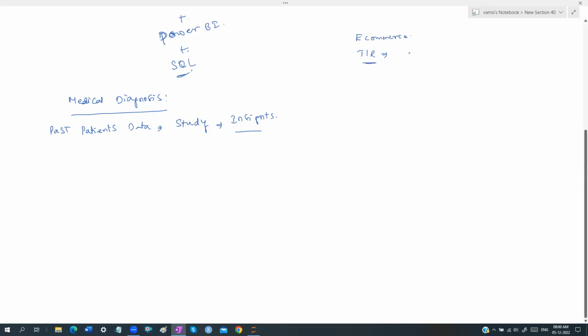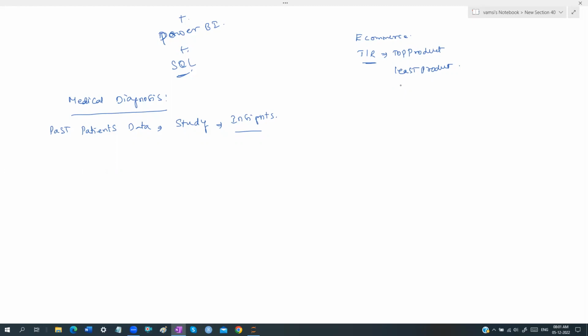Previously, the business used to do analysis on the transactions, like how many products we are selling, which are the top 10 products generating the highest quantity, which products have the least sales, which locations have the highest sales, which location has the least sales.